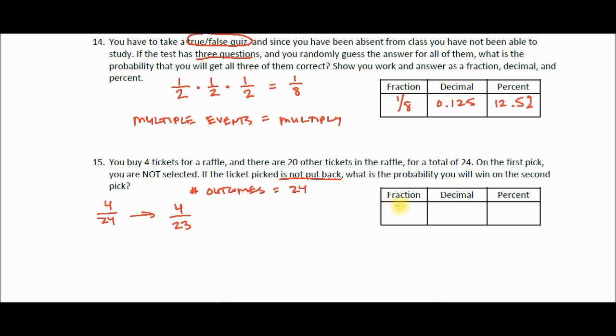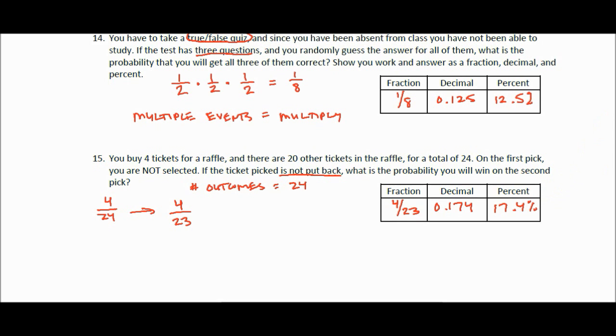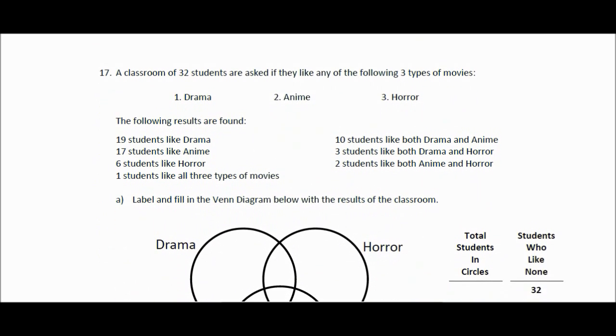So that means our fraction, the probability that we'll win on the second pick, is actually 4 things make me happy over now a total of 23 things. And that is 0.174. Don't forget to round that correctly. I believe that's 0.173, and the next number is 5 or greater, so it goes to 0.174, or 17.4%.